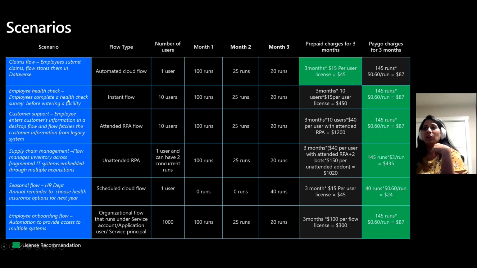In the next example, you have a different flow, an employee health check. Employees need to complete a health check survey before attending any facility. It's an instant flow where the employee is triggering it, and that facility is used by 10 users. So this flow is also used by 10 users. To keep it easy, we kept the same pattern of runs consistent across those 3 months.